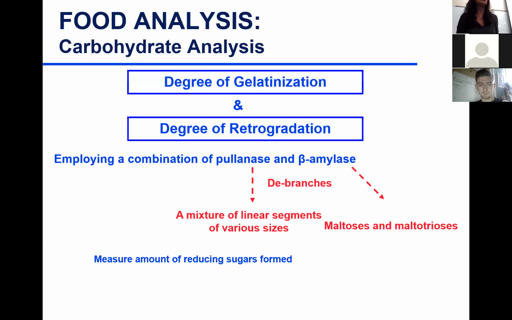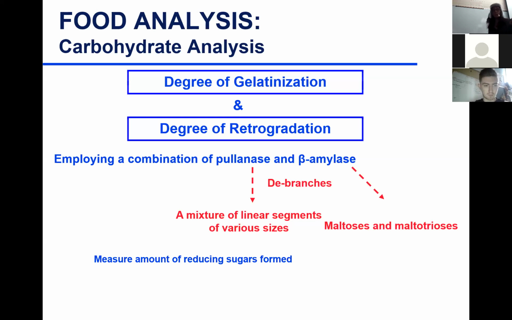These are reducing sugars. We take these and use one of the reducing sugars methods, such as Somogyi-Nelson, to determine total amount of reducing sugar. The higher amount of total reducing sugar, that means you have higher degree of gelatinization.